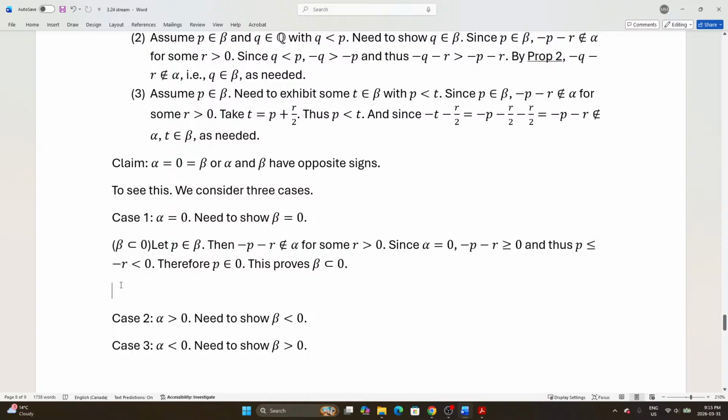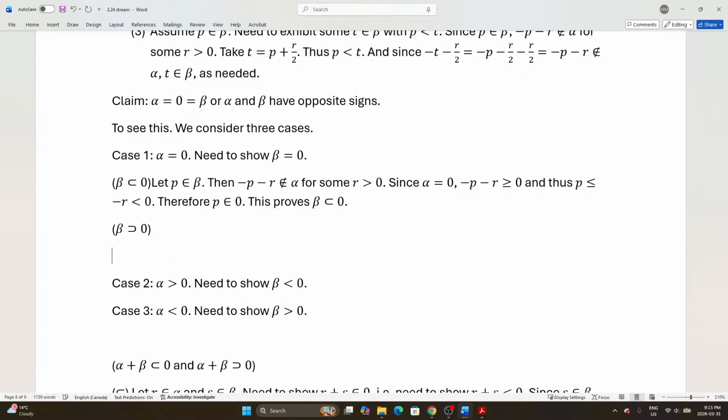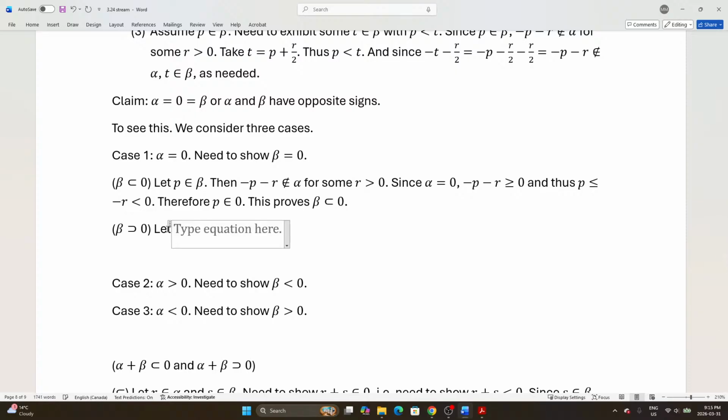And now we need to prove the opposite containment. Beta contains 0. So start with something that is in 0. Let P be in 0. Then P is less than 0. So I need to show that P is in beta.